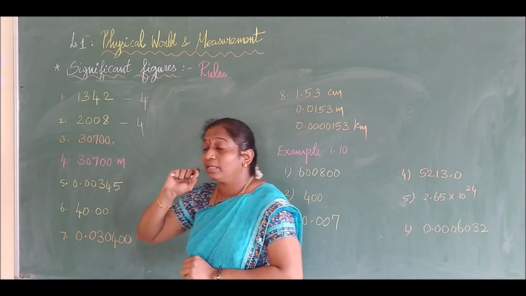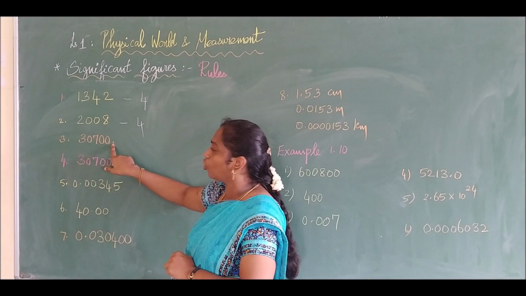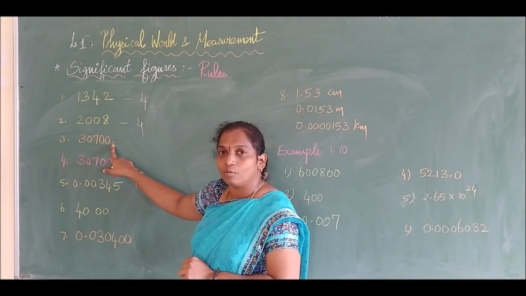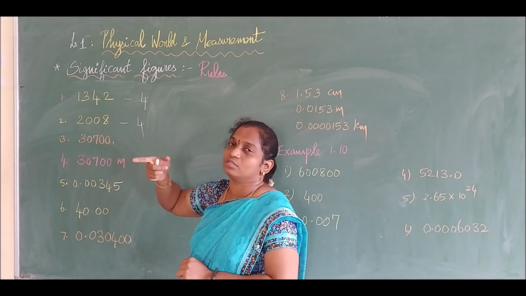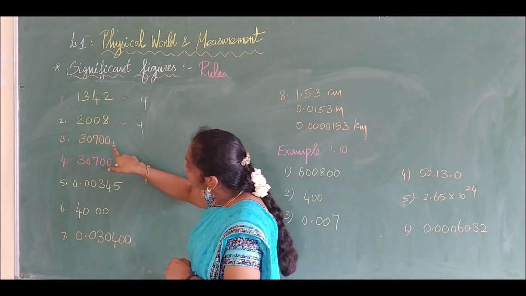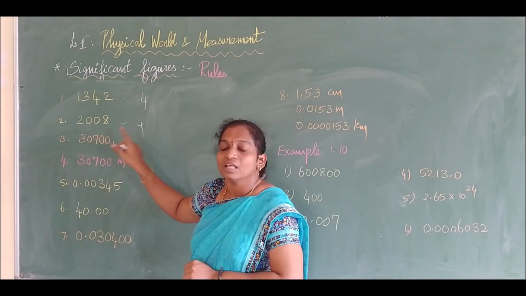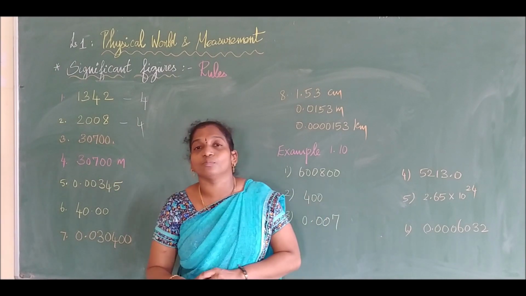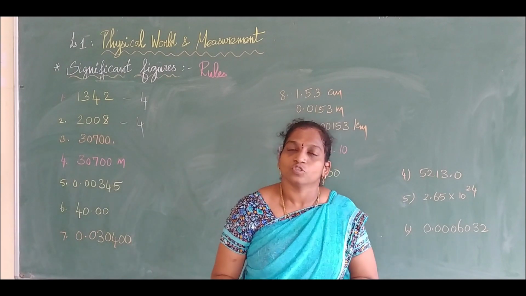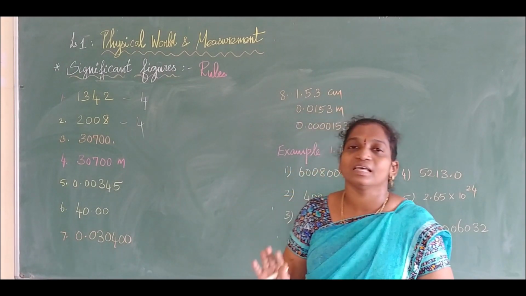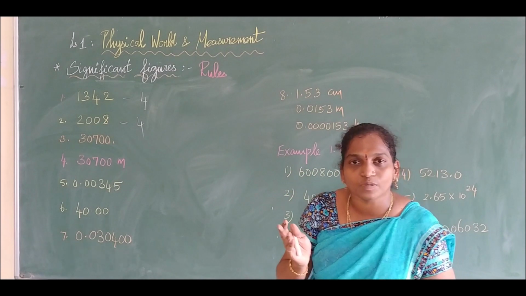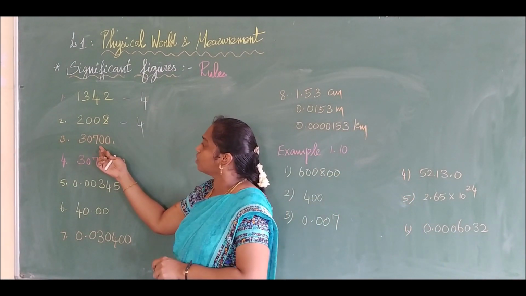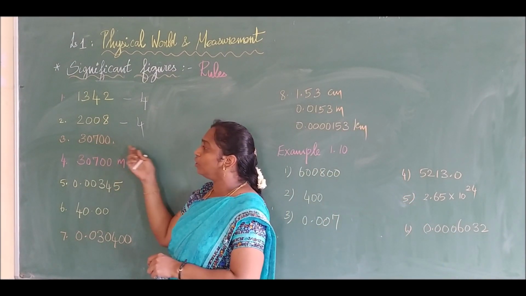Then we come to the third one. You have to look clearly at it. I have given a dot at the end. Right? With the decimal or without the decimal, you are going to see that. If a decimal is given at the end, then all the zeros are countable. Without the decimal point, we call them trailing zeros. The trailing zeros are the zeros which come after non-zero numbers continuously.